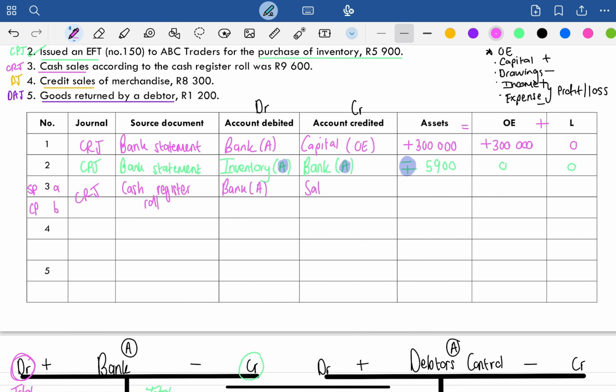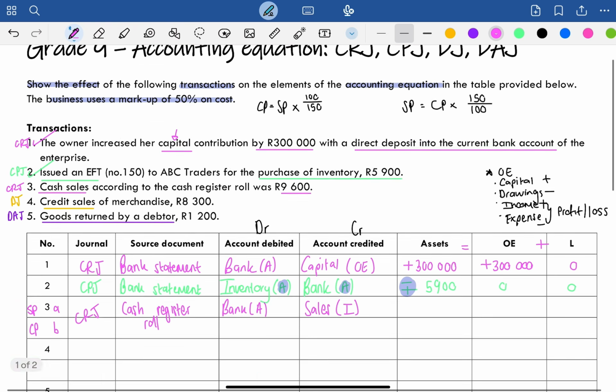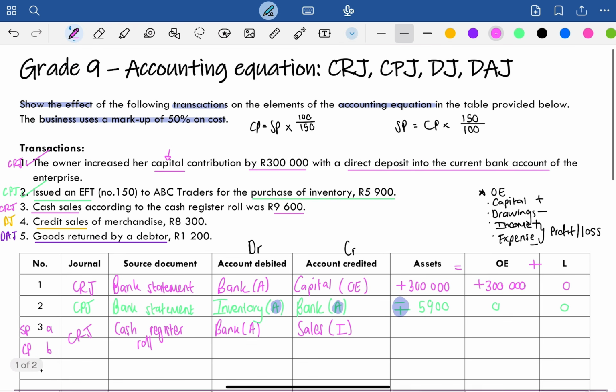And the contra account, the account credited, is called sales. Just like in the journals when we wrote it there, we put the amount in bank, and we put an amount in sales that was the selling price. So you'll see I'm working with the selling price first, which is the amount that was given, 9,600. If it wasn't given, you'll anyways have to work it out using those formulas.